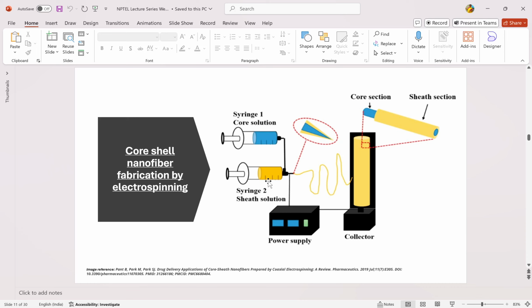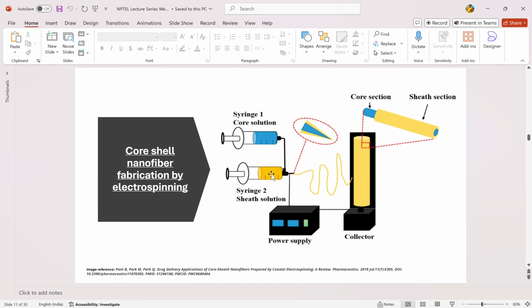So you can have a hydrophilic core and a hydrophobic sheath, and you can load different kinds of drugs. In the core, if it is hydrophilic, you can load hydrophilic drugs, and in the shell, if it is hydrophobic, you can load hydrophobic drugs there, and then you can do drug delivery. So this core shell nanofiber is also very important.